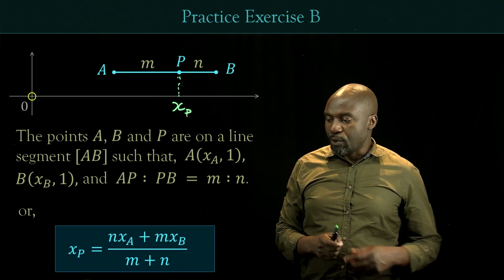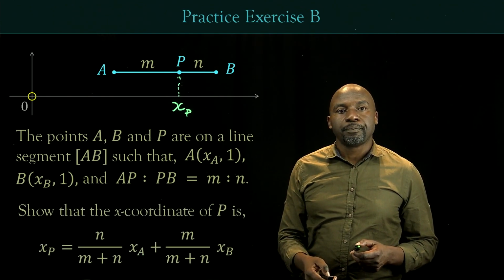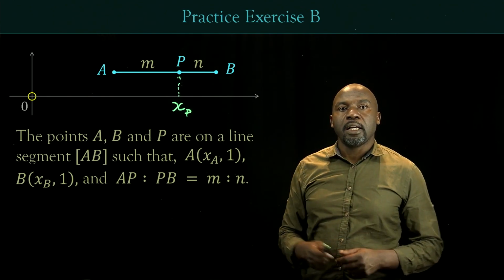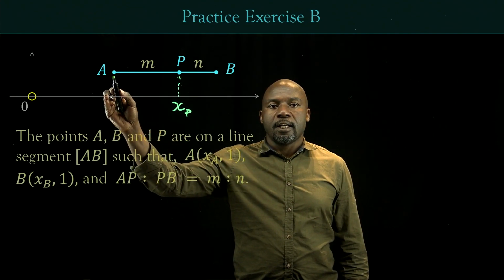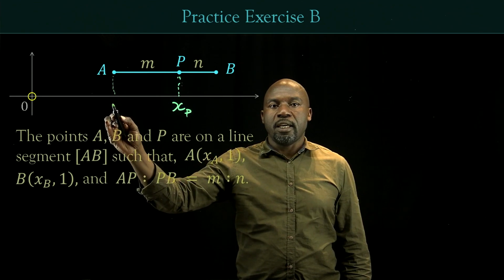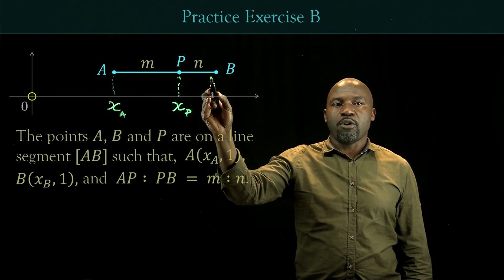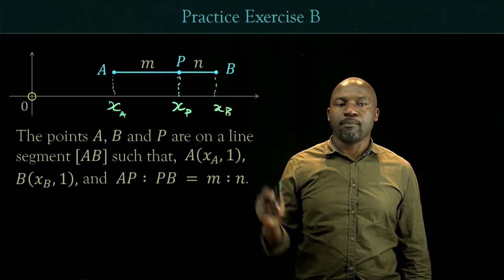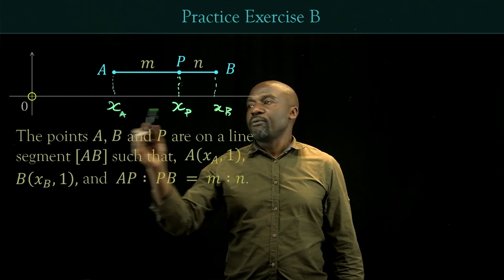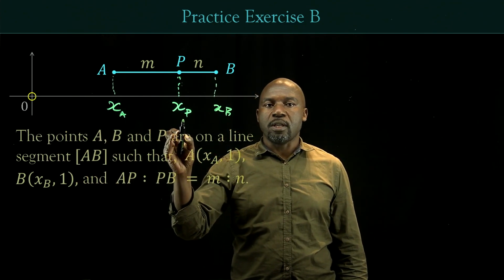All right, so we look for the x coordinate of point P. That's what we are looking for. Let me create some space there. Now the x coordinate of point A is xA, and the x coordinate of point B is xB. Now we are looking for the distance from the start to this point, which is xP.